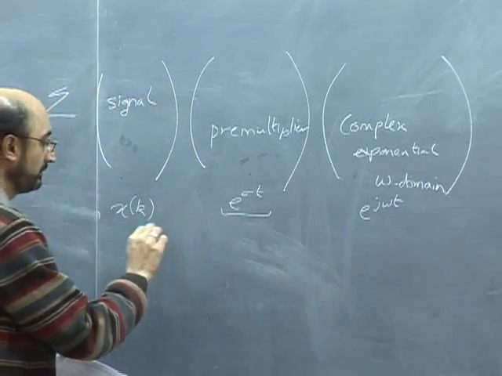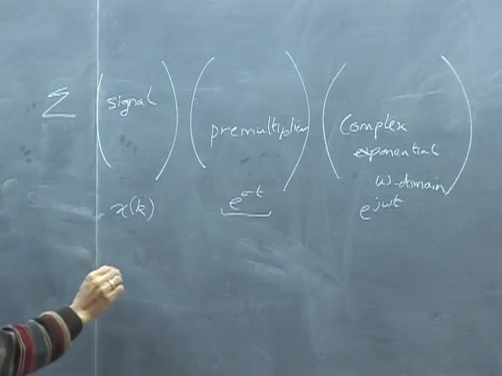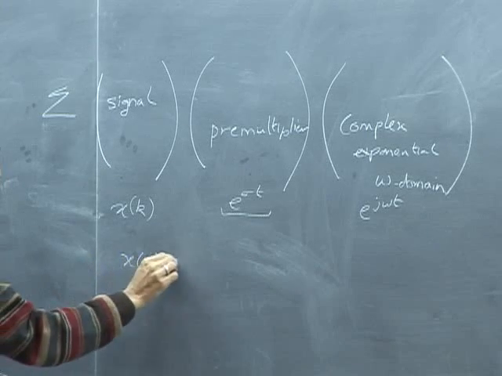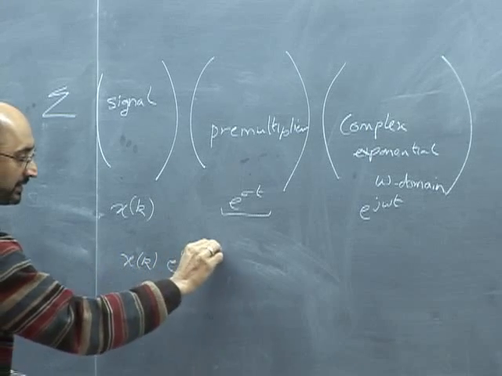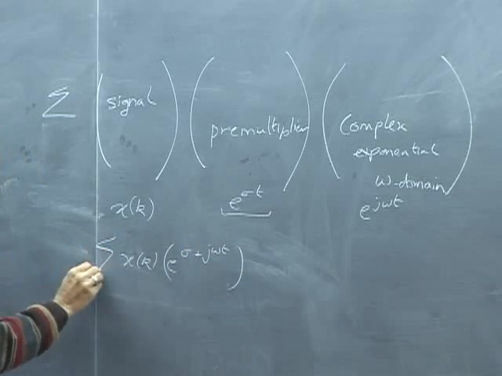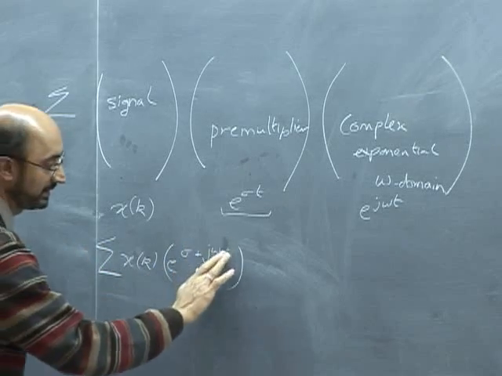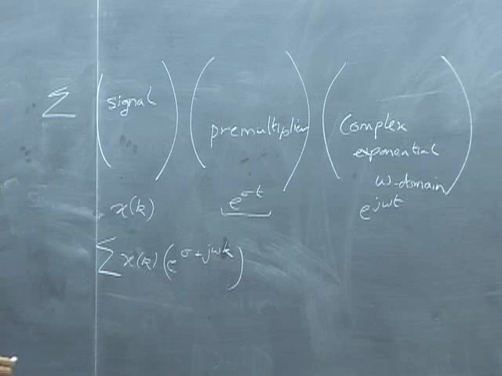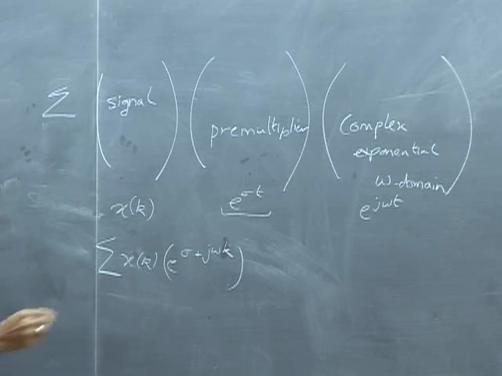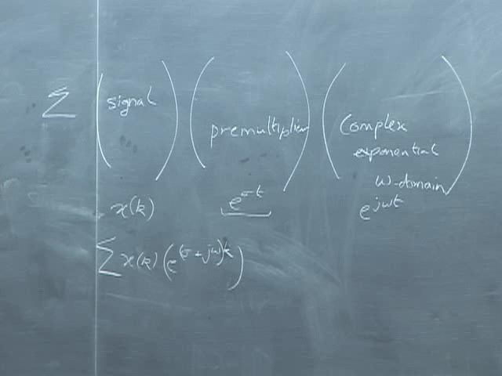So we could write this as the summation of x_k e to the sigma plus j omega t, or, to be more precise because it's discrete, sigma plus j omega k. We could write it like this, and that would be a perfectly valid definition of the Z transform.